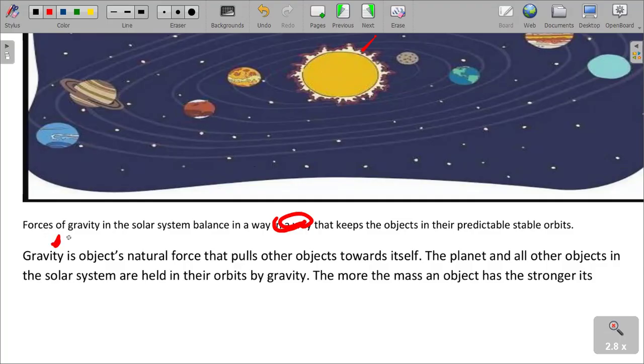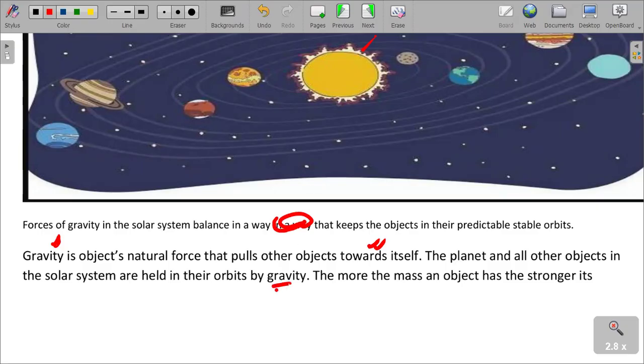Gravity is a natural force that pulls other objects towards itself. The planets and all other objects in the solar system are held in their orbits by gravity.